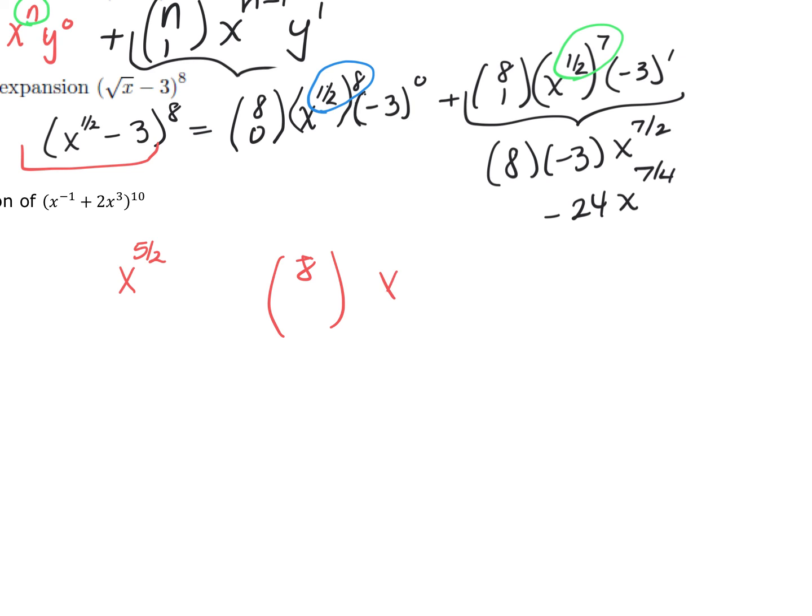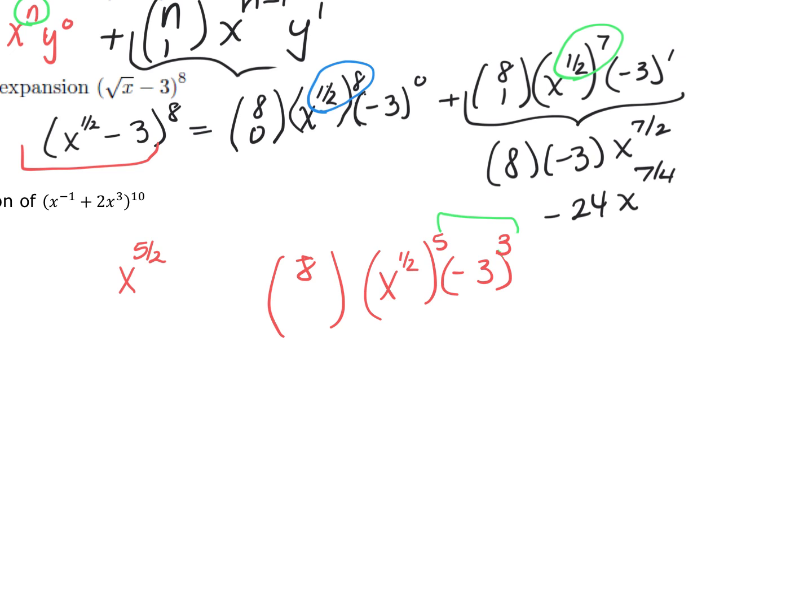This will be x raised to the 1/2 raised to the 5, negative 3. Now, whatever this exponent is plus this 5 needs to be 8. So I know that this has to be 3 because, numerically, these have to add up to 8, even though I can't truly add those exponents.